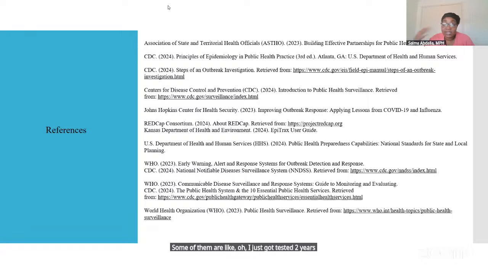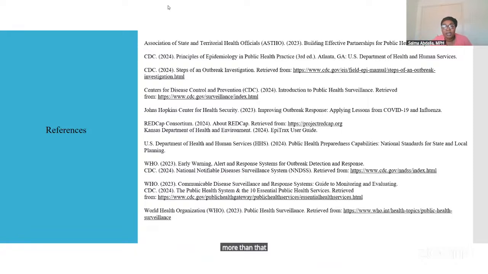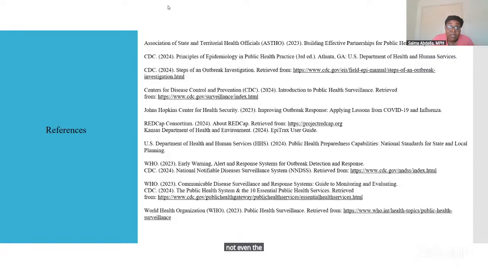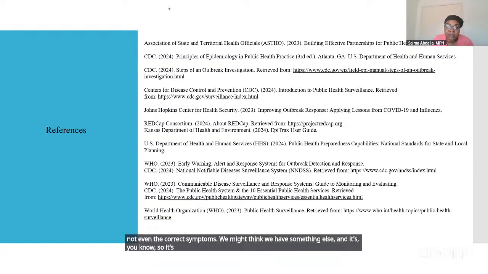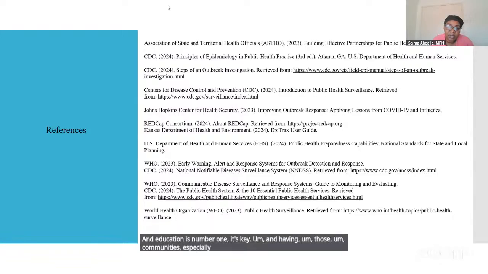No, you still have to be retested every year, and sometimes even more than that, because we can miss the signs and the symptoms. Sometimes it might not even be the correct symptoms. We might think we have something else, so it's best to just get tested, and education is number one, is key. Having those communities, especially individuals that are low income, it's affecting them the most.